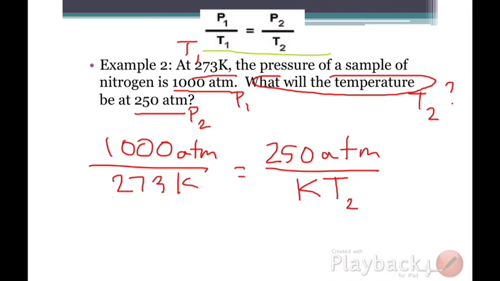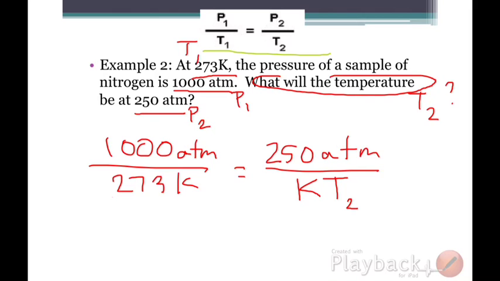Okay, so here we can do this two ways. We could cross multiply and then divide to get our T2 by itself. That's the slow way. So I want to do the fast way again by just identifying the relationship between our P1 and T1 and the P2 and T2.